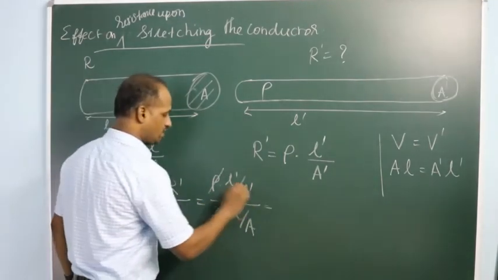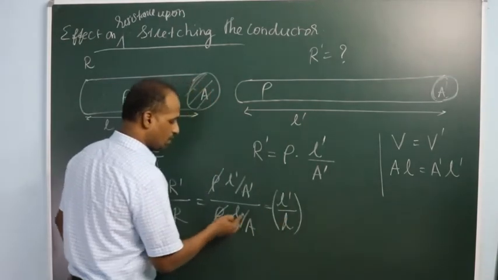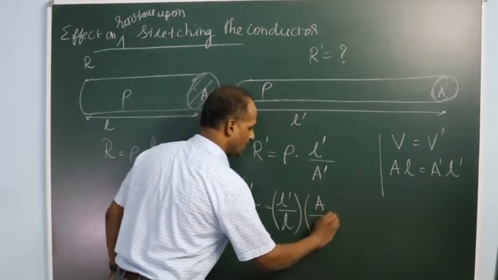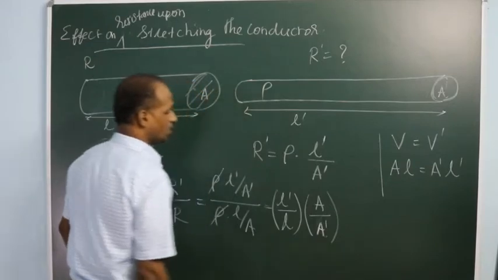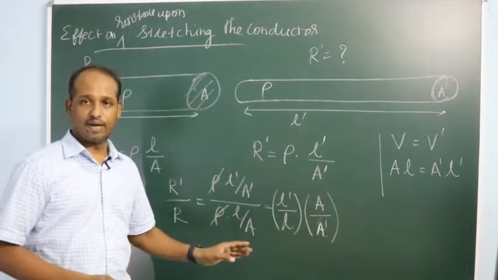What you get is L prime by L into A by A prime.